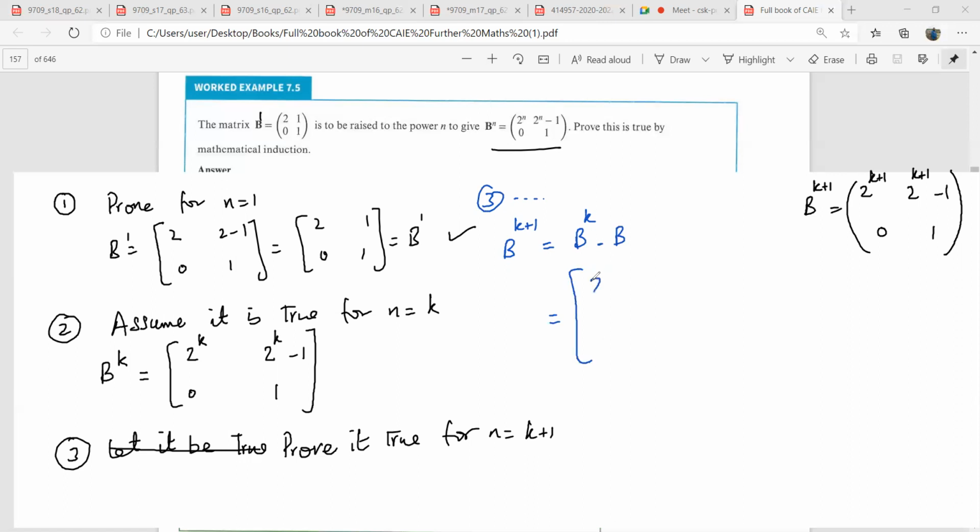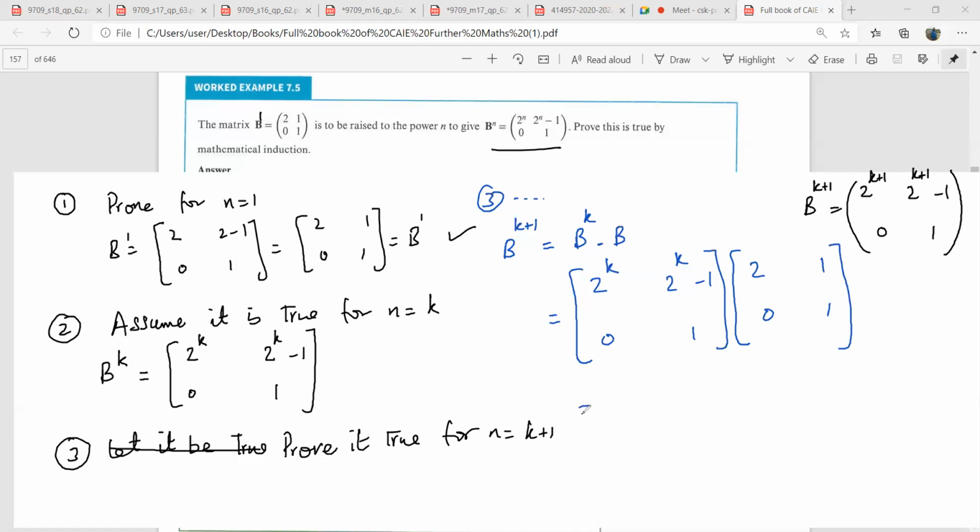So that is 2 raised to power k, 2 raised to power k minus 1, 0, 1 times this B. You can write this B first before this as well, okay? So this is 2, 1, 0, 1.